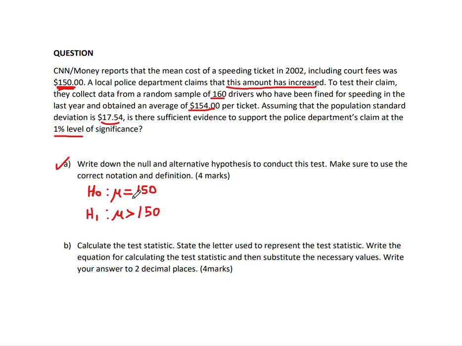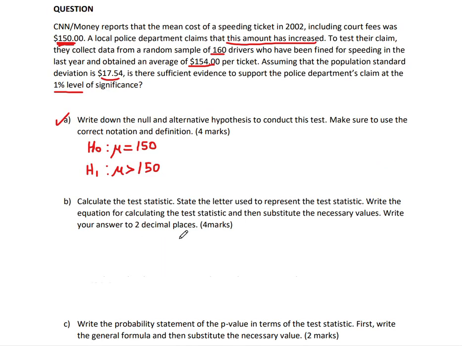Remember that the value in both the null and alternate hypotheses will be the same, right? One represents the original condition being challenged, which will have an equal sign involved in it, and the other is a challenge or contradiction to that null hypothesis depending on the specific circumstances of the question. In this case, what is being put forward by the local police is that the mean amount has increased, so the alternate hypothesis would be that the mean has increased beyond 150.